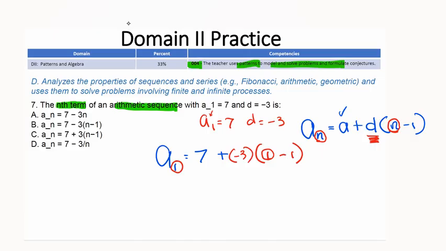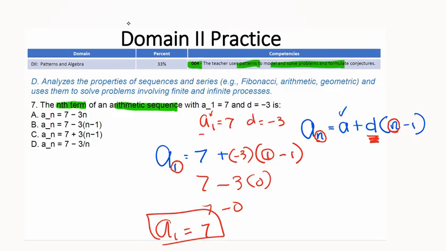So if I solve this, 7 minus 3 times 0, that is 0. A sub 1 is 7. Oh, this came back to this.